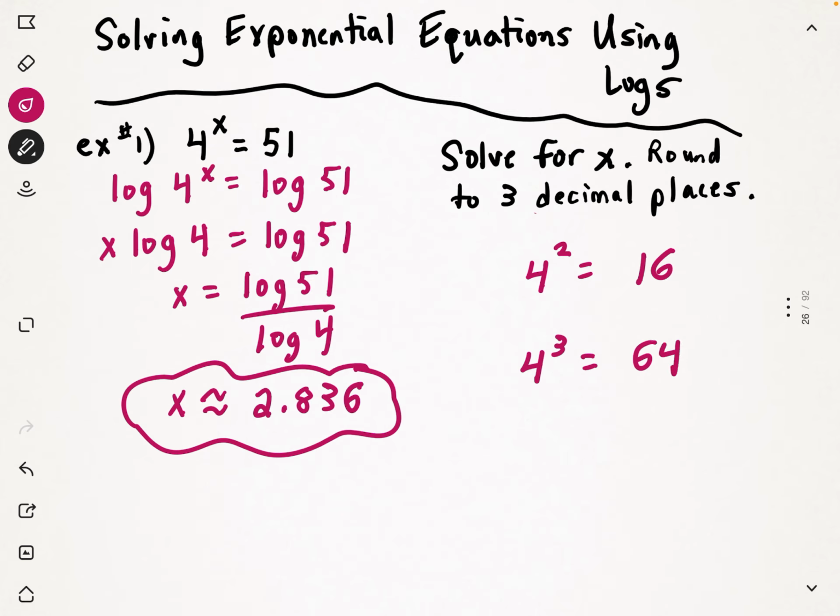So if you're trying to figure out what exponent makes 4 to the power of what equal to 51, well, 51 is in between 16 and 64, so you would expect the exponent to be between 2 and 3. And 51 is actually closer to 64 than it is to 16, so you would expect the answer to be closer to 3 than 2. So an answer of 2.836 definitely makes sense.